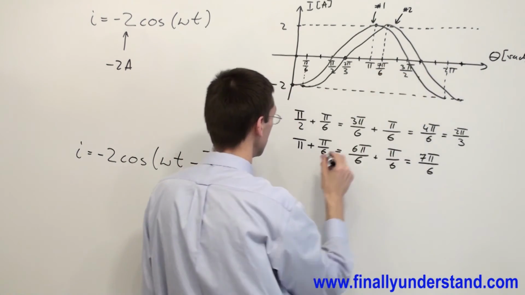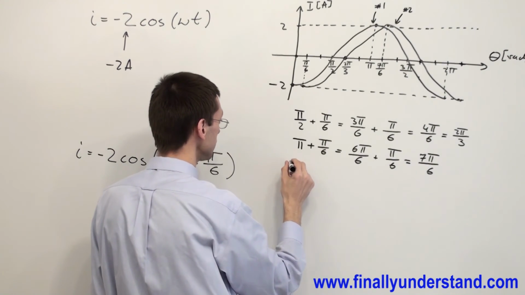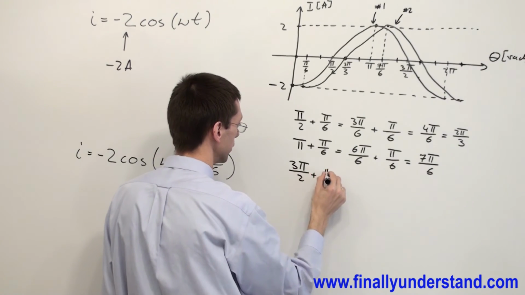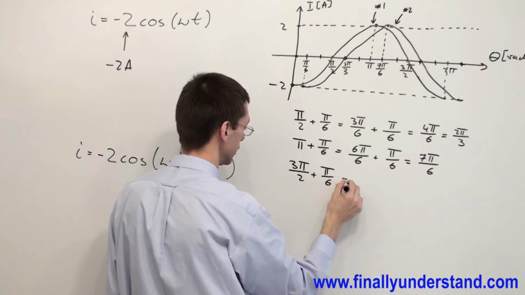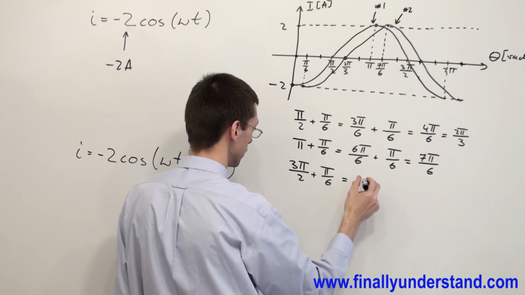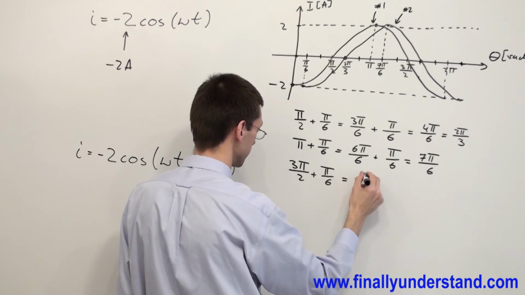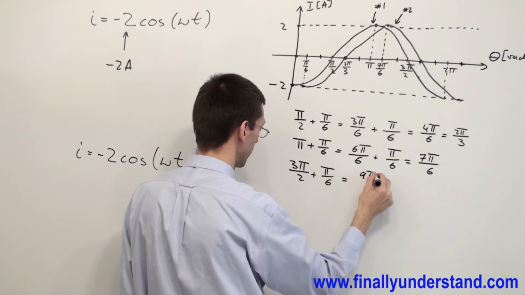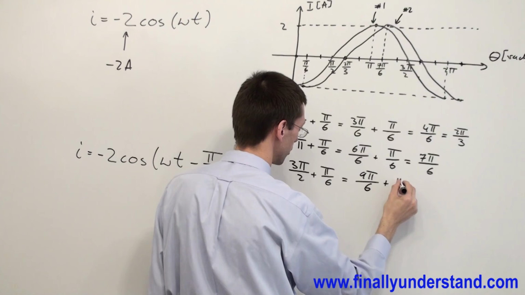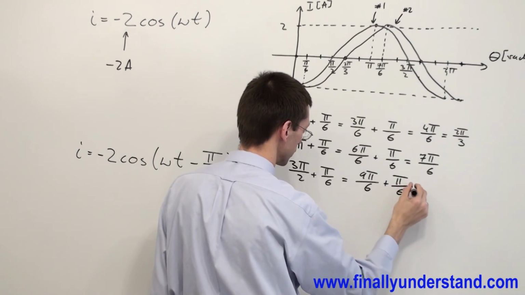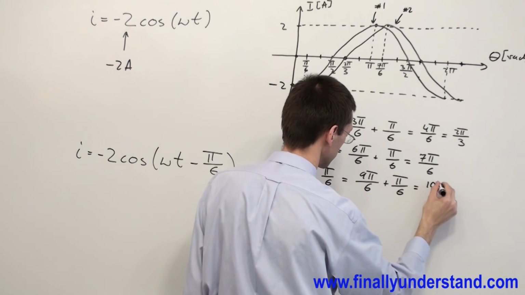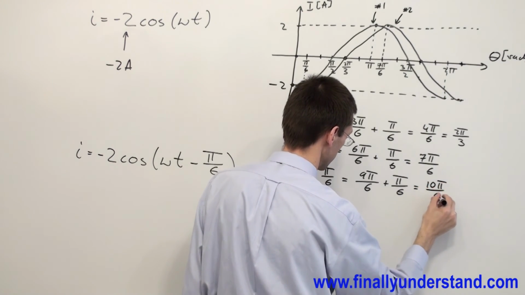This one is 3 pi over 2 plus pi over 6. The common denominator is 6. That's why you are going to have over here 9 pi over 6 plus pi over 6, which is equal to 9 pi plus pi is 10 pi over 6.